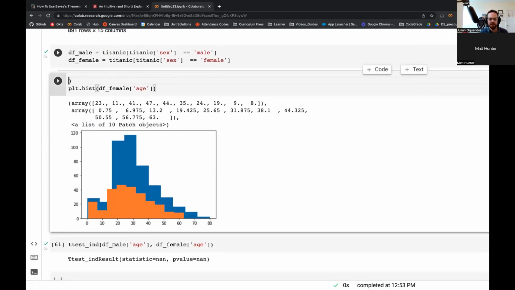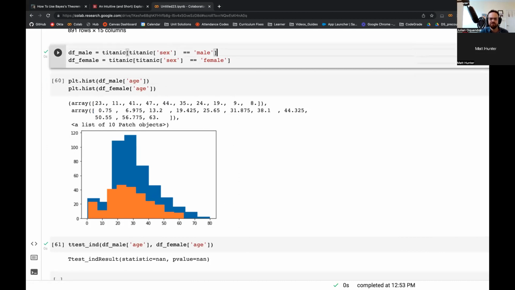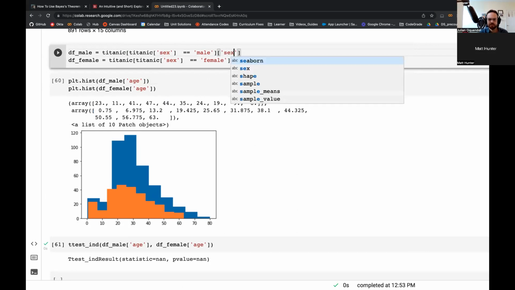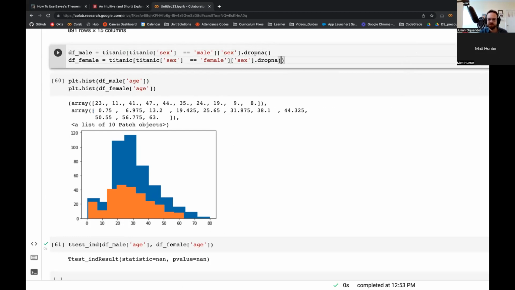Let's go ahead and just drop those values above. Okay, drop, nah. This is not clean. This is not very clean code.